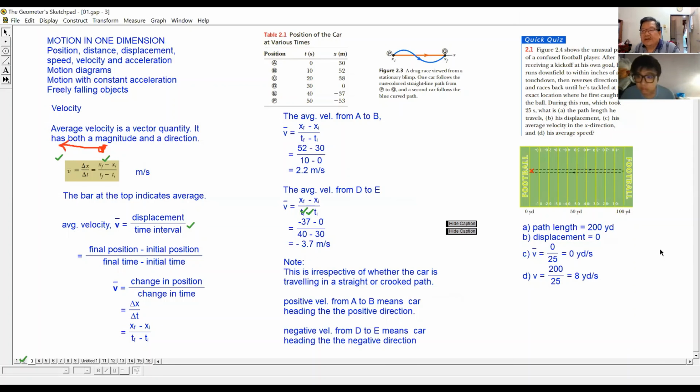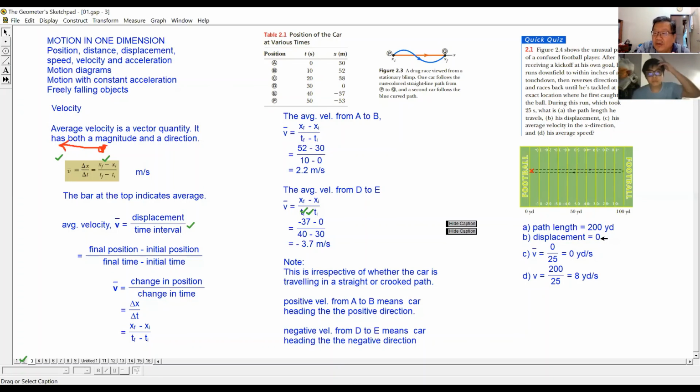So the first two parts, you find two different numbers. The first number is the path length, which is to and fro 200, and the second part you find the displacement, which is the difference between the final and initial position. Then the last two parts you have to find the average velocity and the average speed.